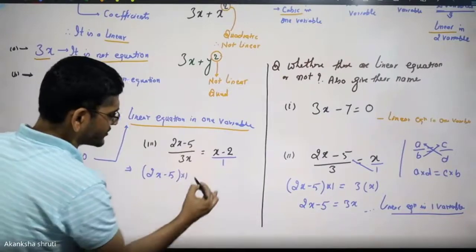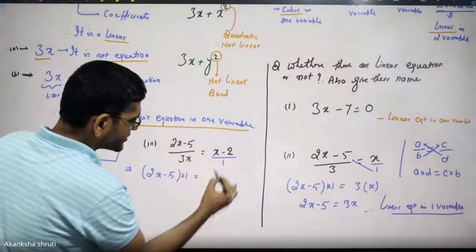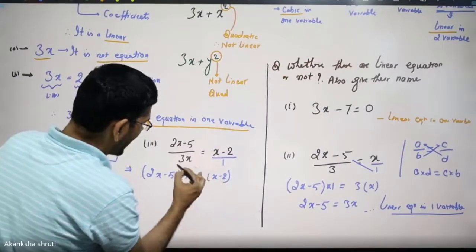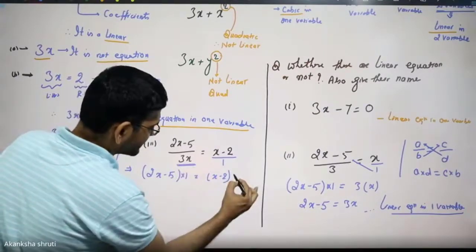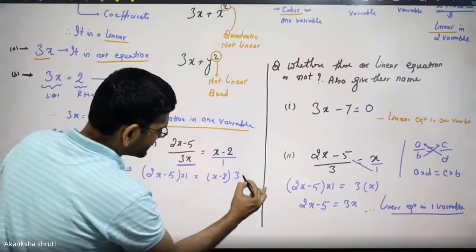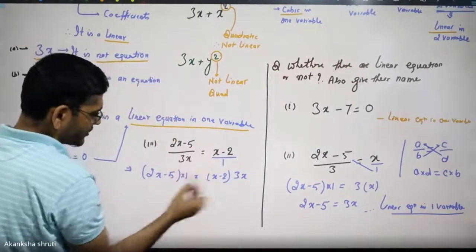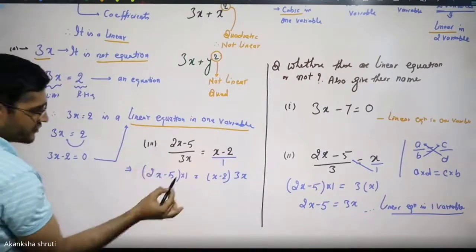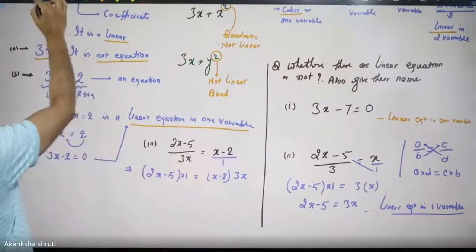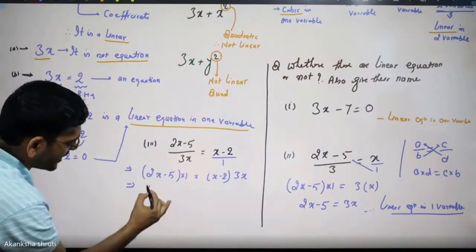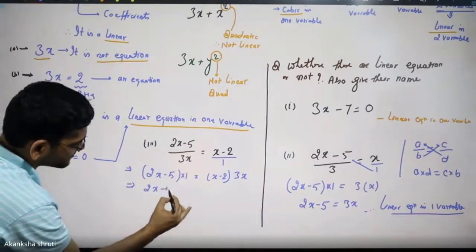That will not change anything, but this x minus 2 needs to be multiplied with this 3x. Multiplication symbol is not required if we are putting the denominator, or even if you are writing, that doesn't make any change. 1 will get multiplied to each term, 2x minus 5.